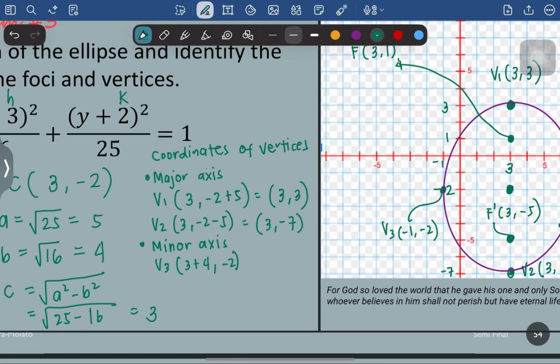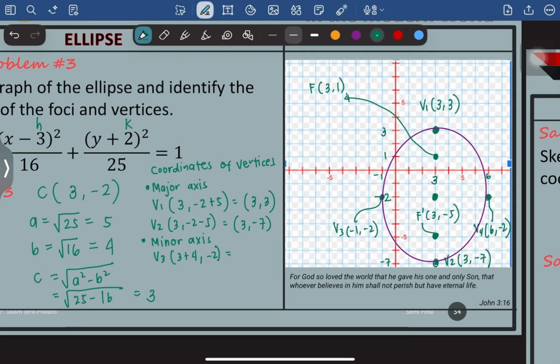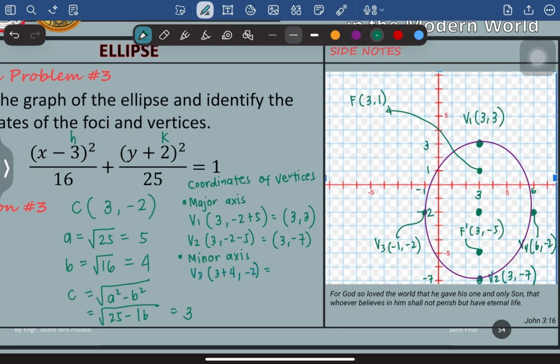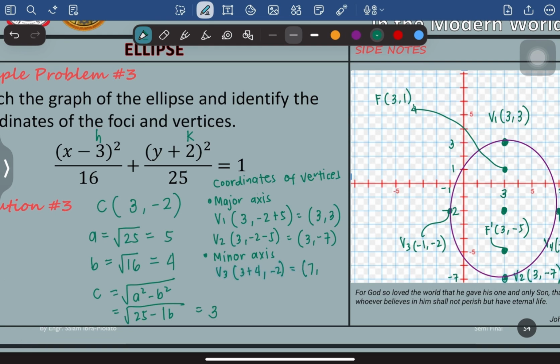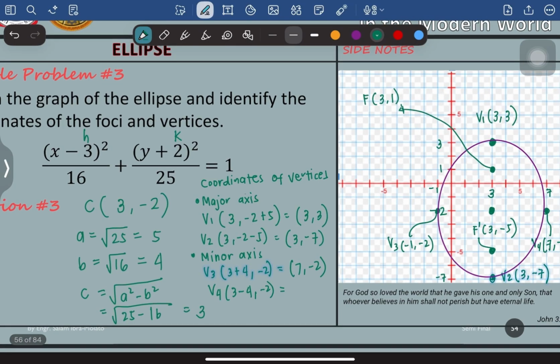So this will become, okay, 3, this should be 7, not 6. 7. So 7, negative 2, then V sub 4, minus 2, minus 4, so this becomes negative 1, negative 2.